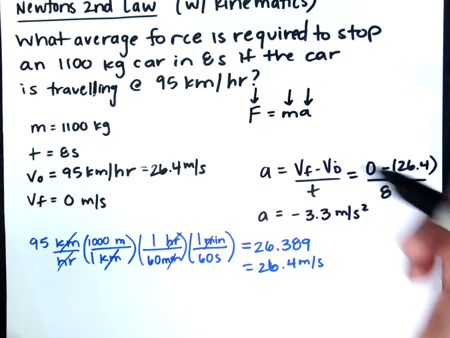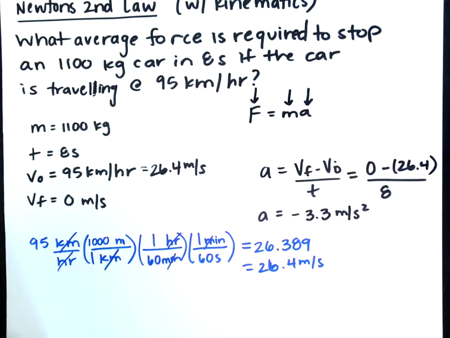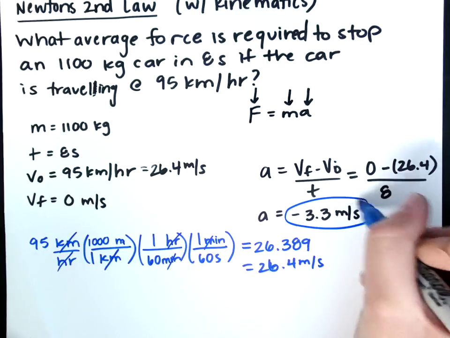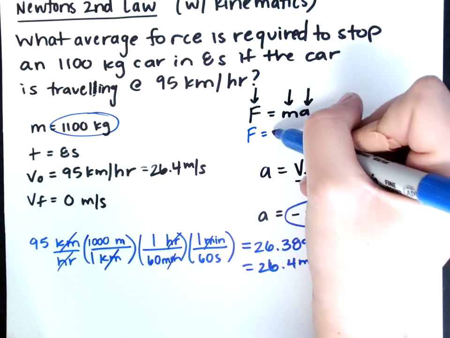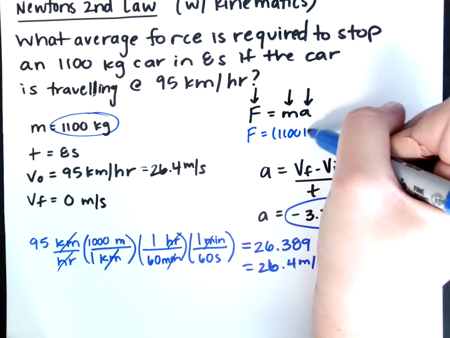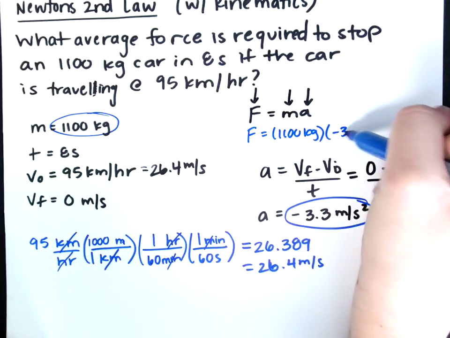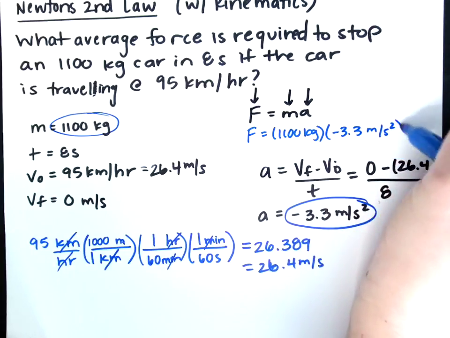So now we want to find force. Let's go ahead and plug those in. Well, here is a, and here is mass. So F is equal to 1,100 kilograms times negative 3.3 meters per second squared.